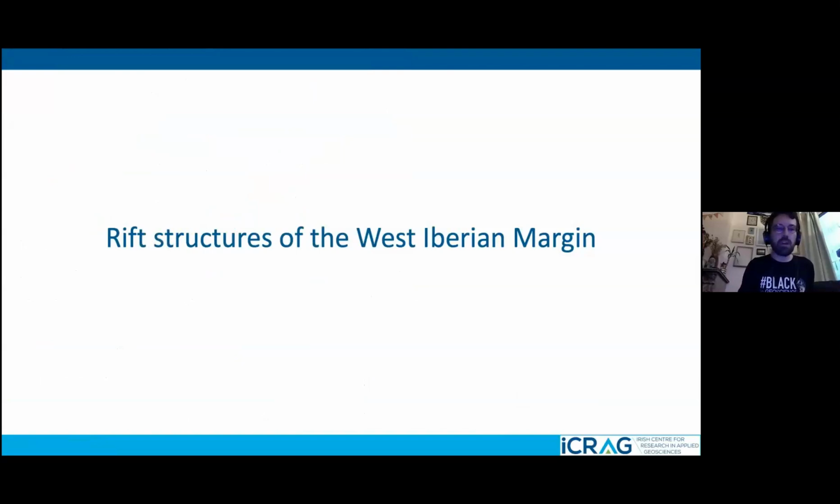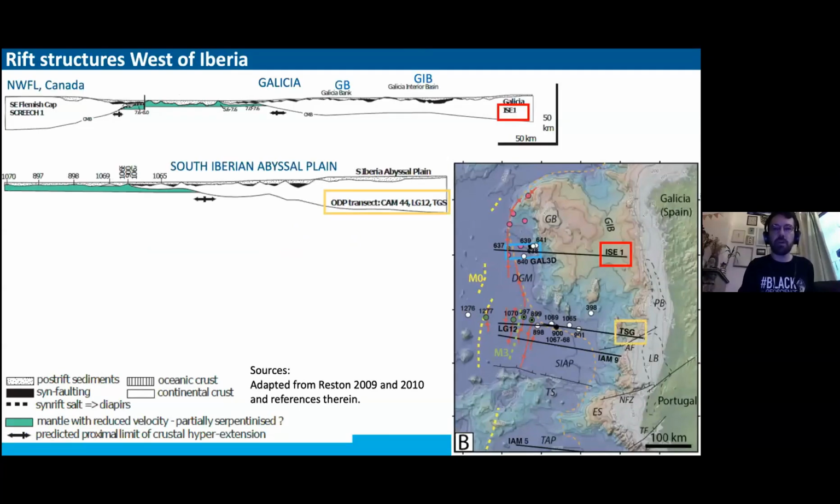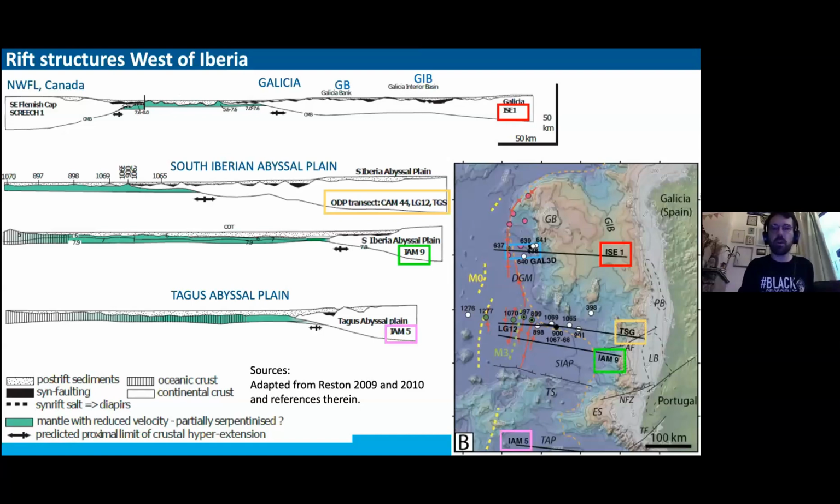I will now show the rift structures of the West Iberian Margin that we got from these data. So those 4 line drawings here show the overall structures of the West Iberian Margin. Basically, the crust thins out from 30 kilometers on land to 10-15 kilometers in the proximal margin, and to less than 10 kilometers in the distal domains where the crust has been hyperextended.